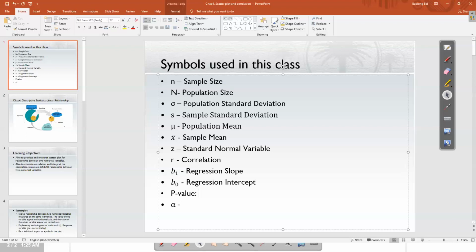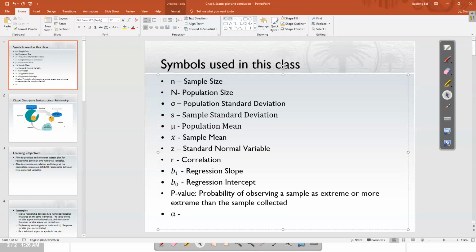P-value and alpha, they're both used in hypothesis tests. P-value is a probability. What kind of probability? It's the probability of observing a sample as extreme or more extreme than the sample being collected.